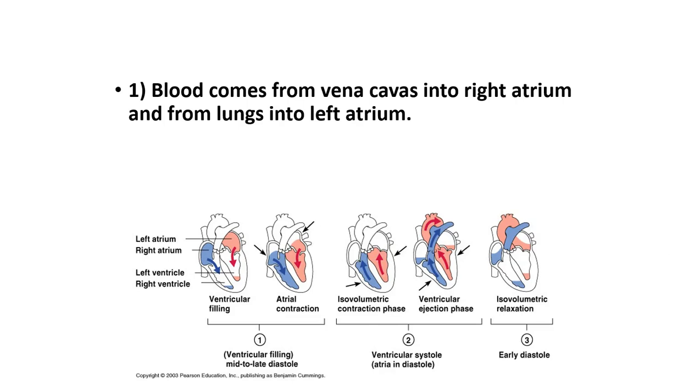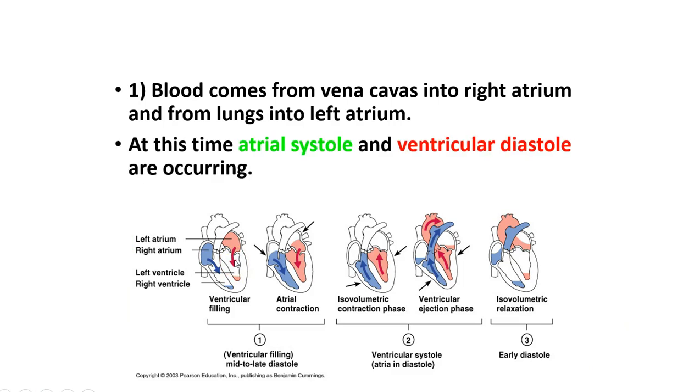Okay, so you've got to know your anatomy here. Blood is going to come from the vena cavas, superior and inferior, into the right atrium, and from the lungs into the left atrium. So we're kind of right here in this drawing. We're going to start with atrial systole. They will start to contract while the ventricles are in diastole.